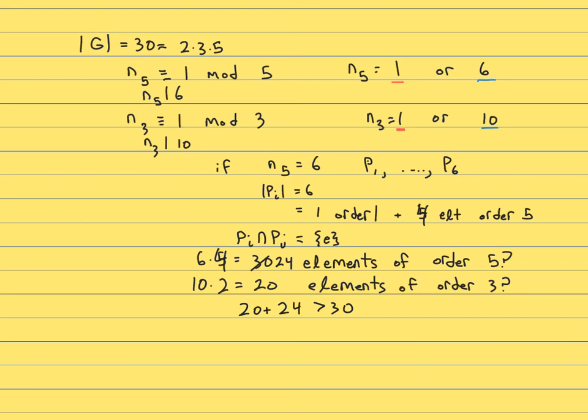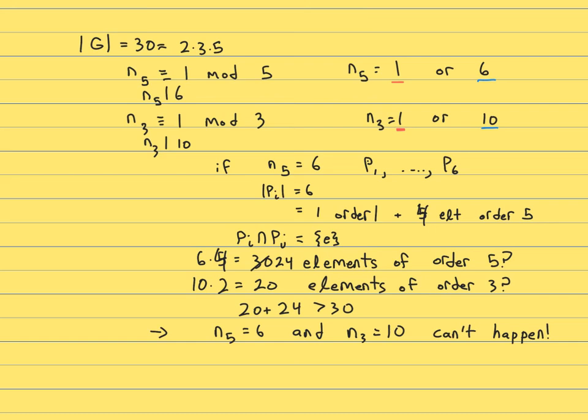And so what we can conclude from this is that n5 equal to 6 and n3 equal to 10 can't both be true. So just by looking at the numbers, the prime factorization, and doing these calculations, we've actually ruled out a possible case of subgroups that could happen.